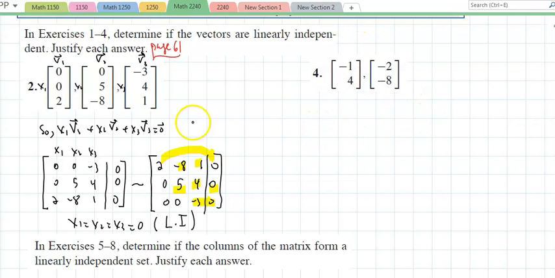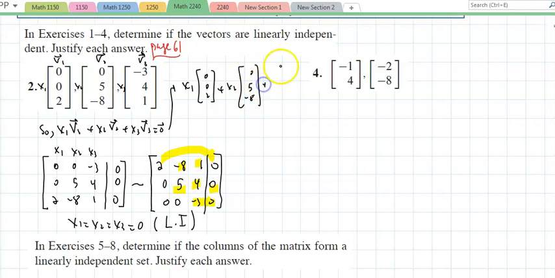So again, if I really wanted to write this out, this really writes out as x1 times 0, 0, 2. So we were talking about that last time and how this is how they're going to write most of the definitions. And you need to know what that means.